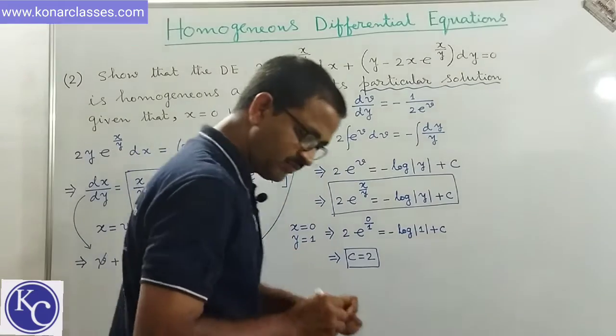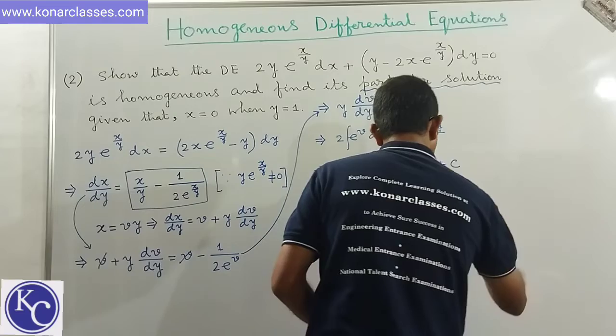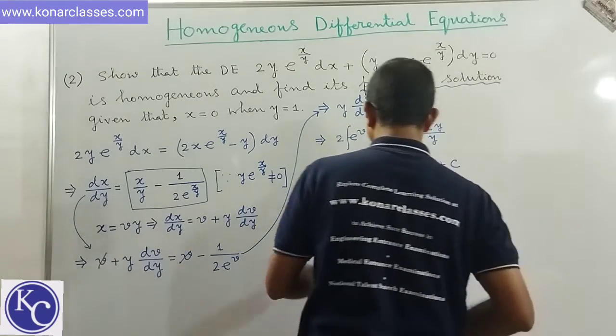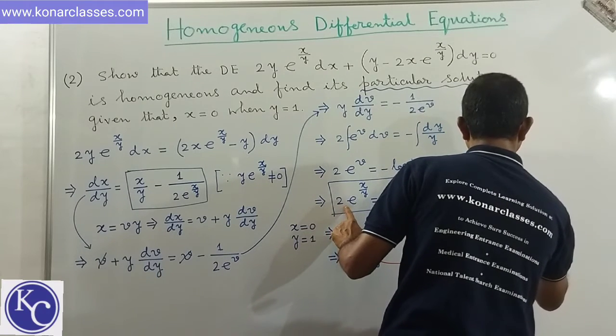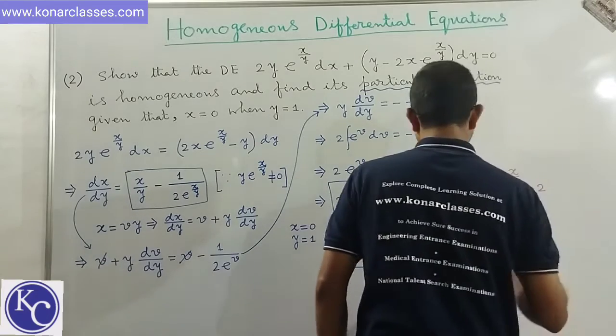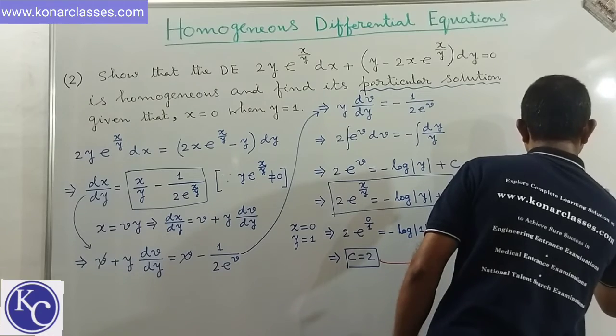Now this value of c equal to 2 we are going to apply here. So from here we are going to get 2 into e to the power x by y is equal to 2 minus log of mod y.